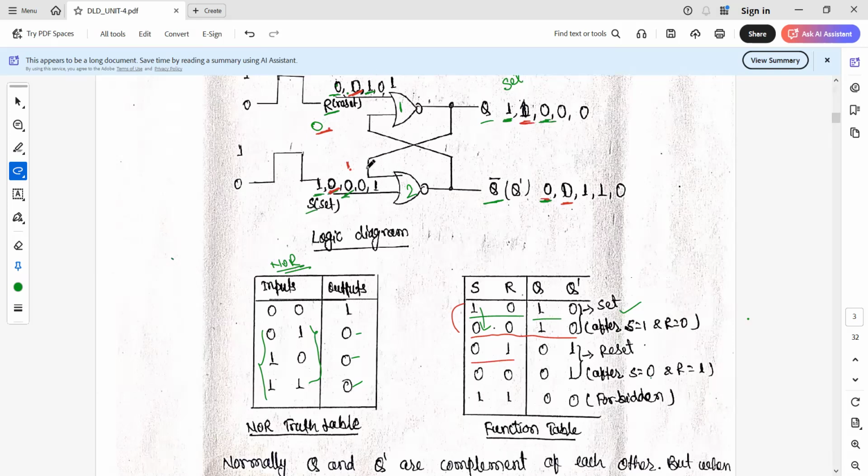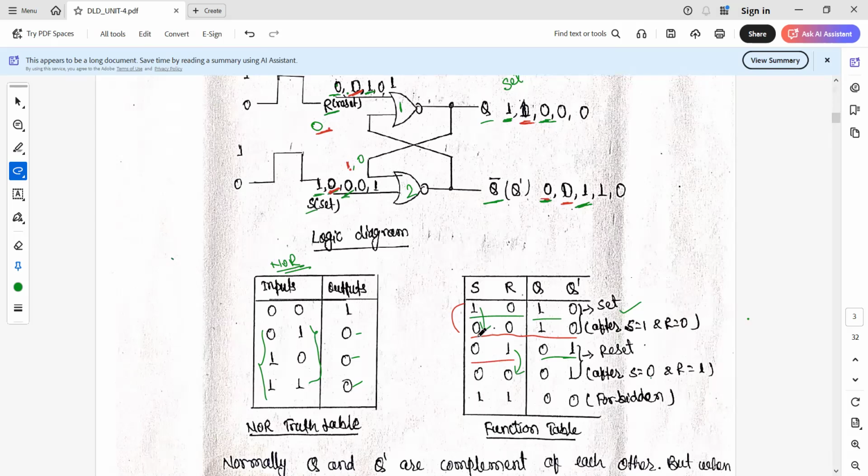Now this 0 is coming here, and we already have 0 here, so with 0, 0 the output becomes 1. So now Q bar is 1 and Q is 0, this is called the reset. Similarly, if we change R to 0, the device will remain in the reset condition. There will be no change.